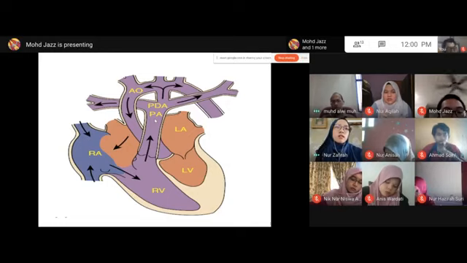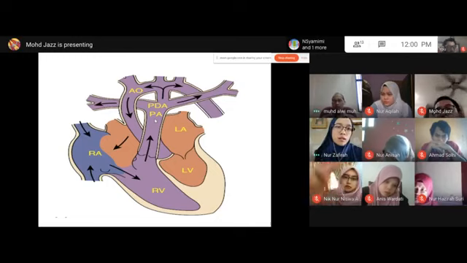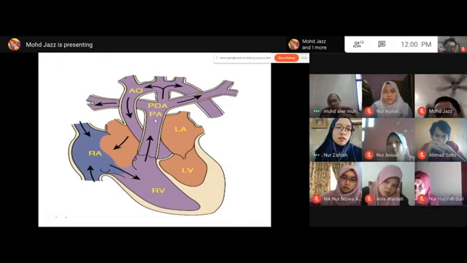For example, if my hemoglobin is 15, and only 12 of it is oxygenated, the other 3 gram is not oxygenated, then I will be cyanotic.